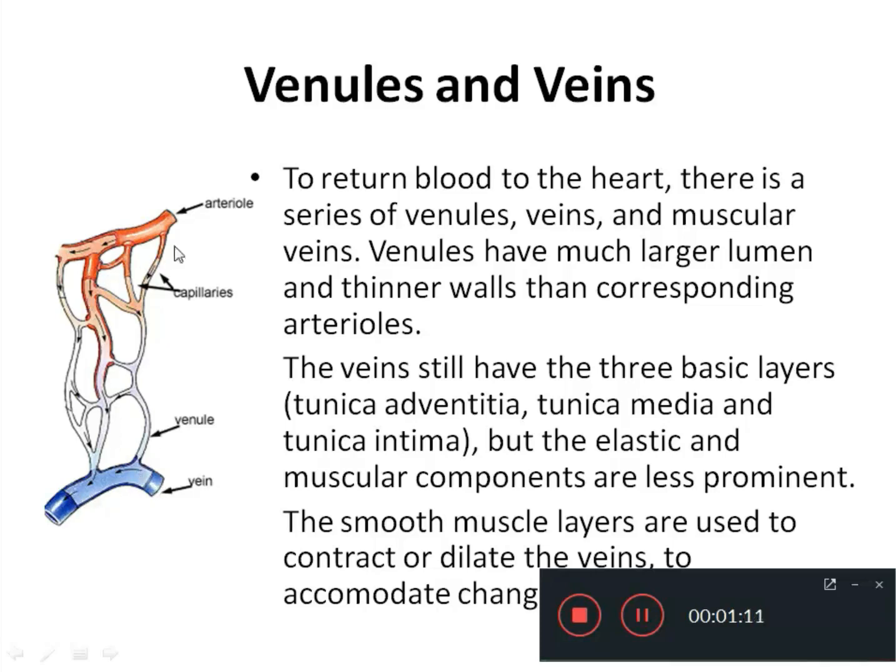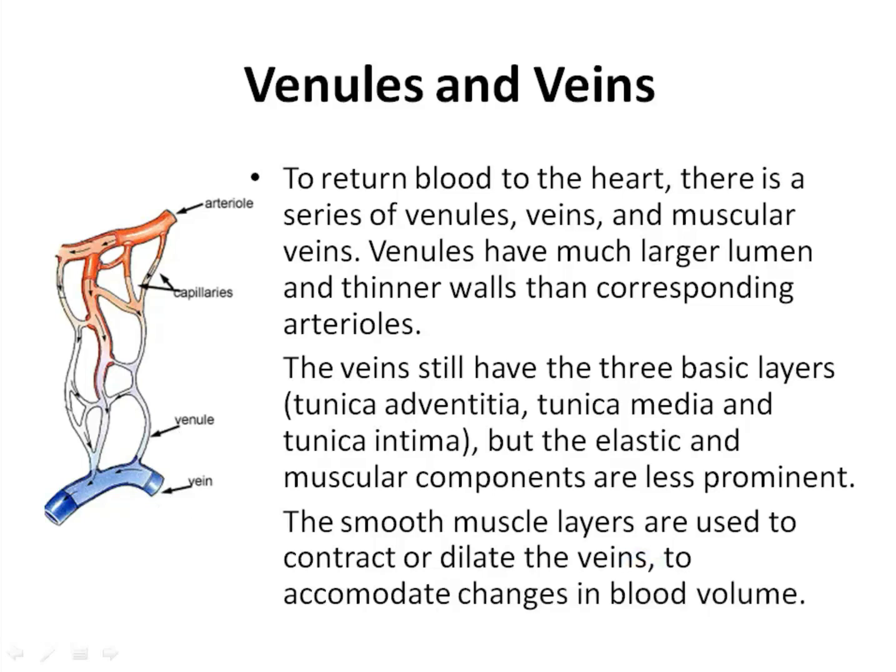The capillary ends into venules, and venules unite to form veins. Like that, blood flows from large arteries to arterioles, then into a capillary network, then all capillaries unite to form small venules, and venules unite to form the veins. So in this lecture we will see the detailed mammalian histological structure of venules and veins.